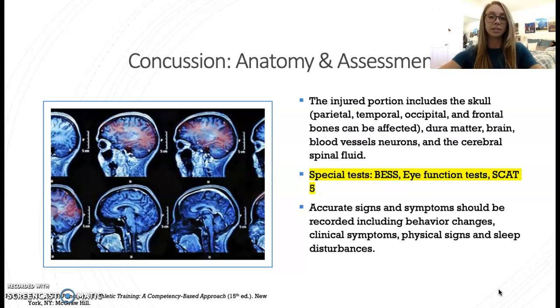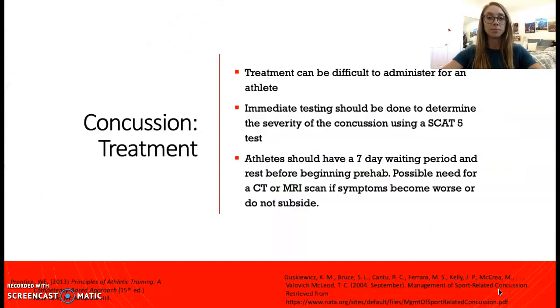According to the different signs and symptoms, you want to record the behavior changes or any clinical symptoms such as physical signs or sleep disturbances. So you could even ask the athlete's roommate if they could keep an eye on them and show if they've changed at all for worse or for better, someone who really knows them that can monitor their signs and symptoms.